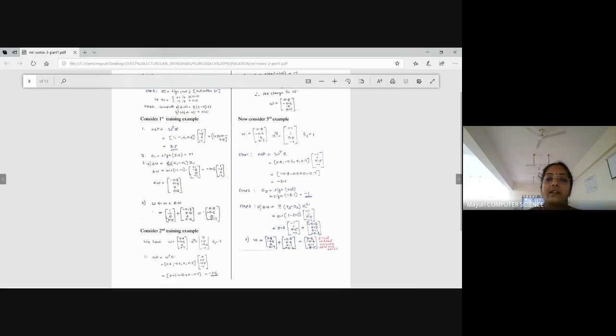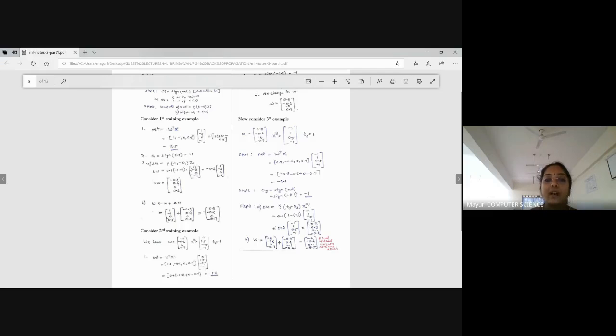So delta Wi is learning rate into target output minus actual output into X. Your learning rate is 0.1, which is given in the question. The target output T1 for the first sample is minus 1, minus your actual output, which you calculated just before in step 2, is 1. So minus 1 into X1, the first training example you're doing.